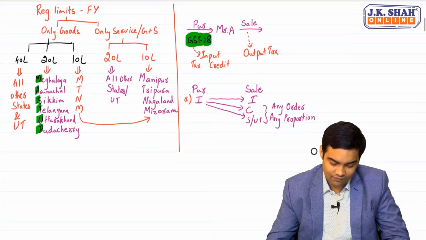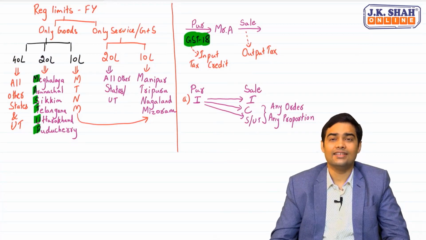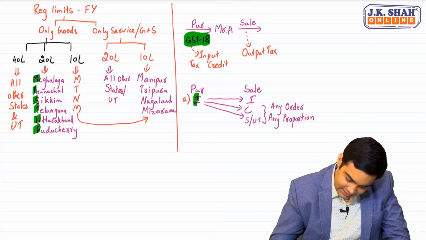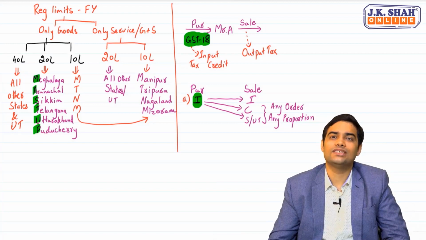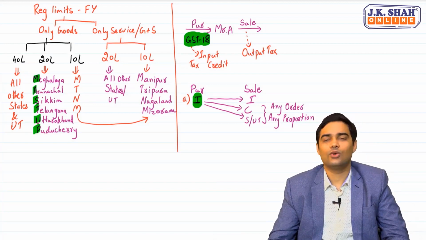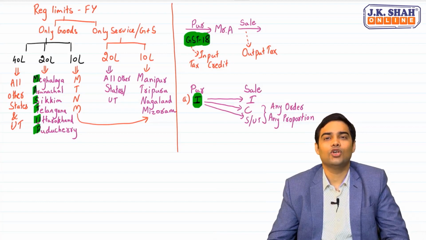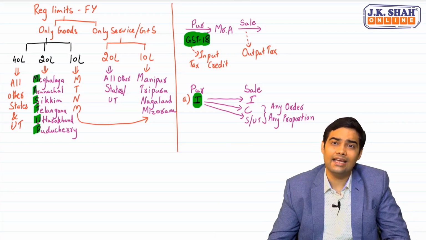Be very careful about this particular aspect, because the law also provides that you have to utilize IGST on purchase completely before using the credits of C and S. You cannot use the credits of C and S until and unless you have utilized I completely. And what is the order of utilizing I?